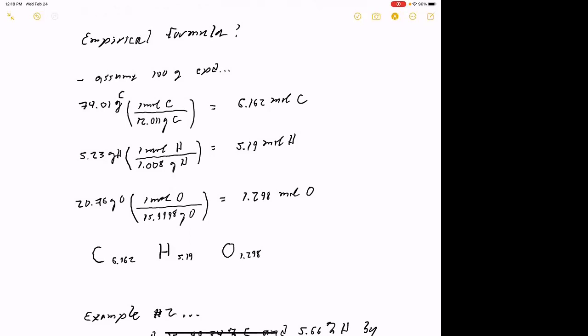The next thing we do is we're going to divide all of these through by the smallest amount. So I look through and I say, okay, which one has the smallest number of moles in there? It's not carbon, it's not hydrogen, it looks like it's oxygen, right? So I'm going to ratio everything by that number, the smallest number of moles.